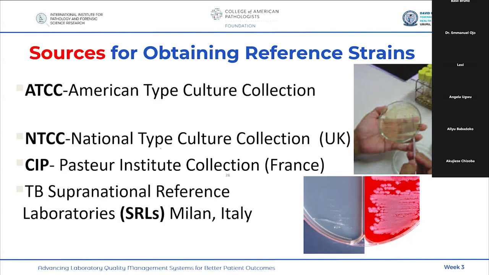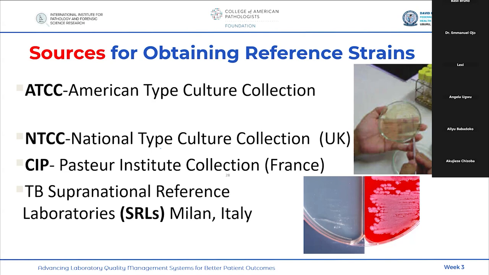These are some common sources for obtaining reference strains. We have the American Type Culture Collection, the NCTC, the CIP, and kudos to my colleague, we also have the TB SRL in Italy.